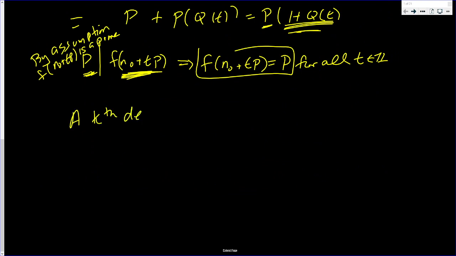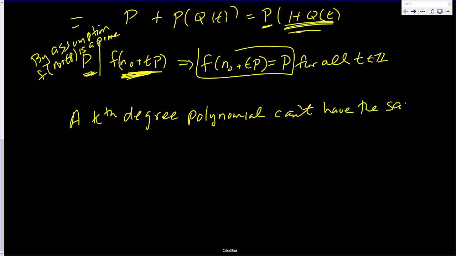A degree k polynomial can't have the same output for more than k inputs.